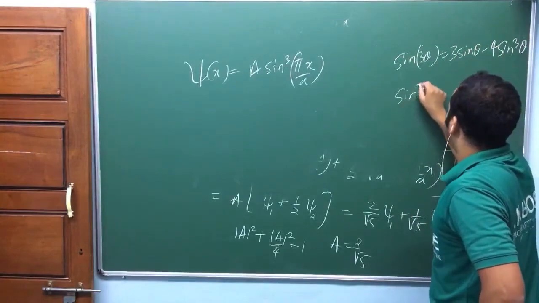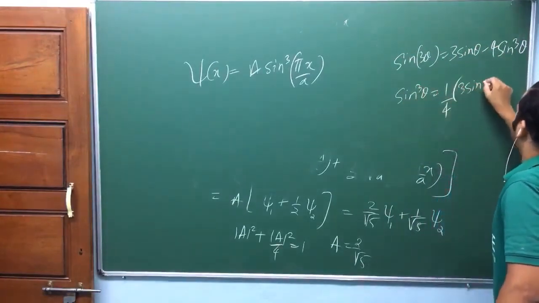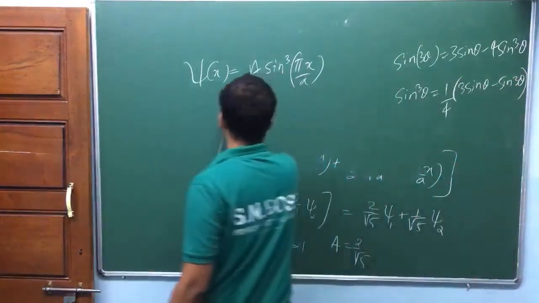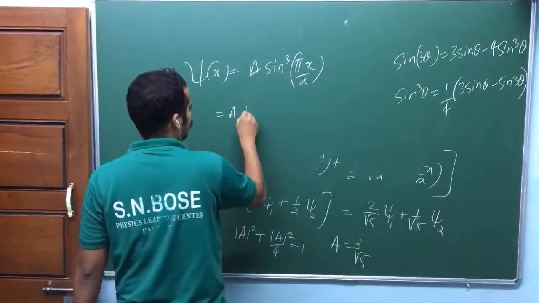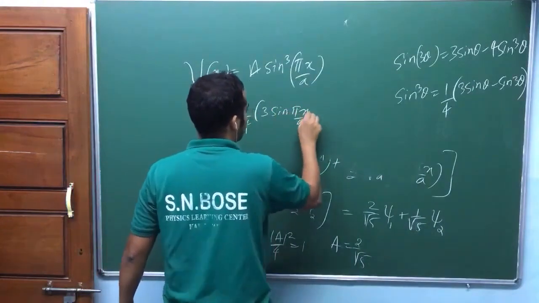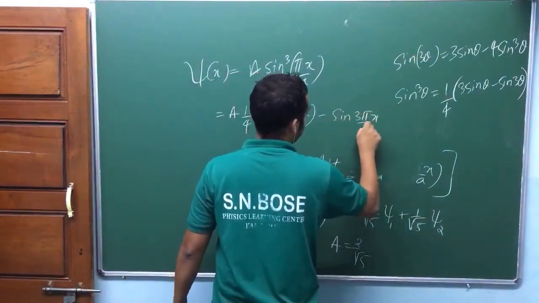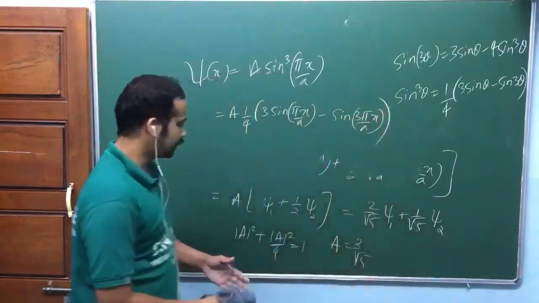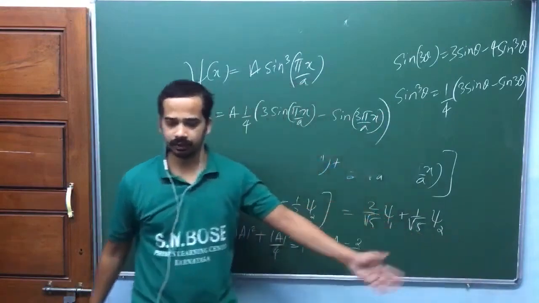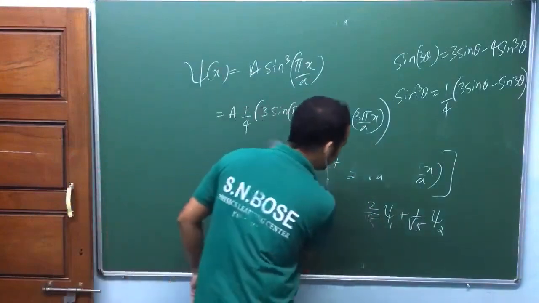So what is sine cube theta? 1 by 4, 3 sine theta minus sine 3 theta. Substitute that one. A into 1 by 4, 3 sine pi x by a minus sine 3 pi x by a. I hope later you can do it, isn't it? Once you get the normalized state, later using mod Cn square, you can do any interpretation, you can find average energy. Okay, the later part you can do, isn't it?